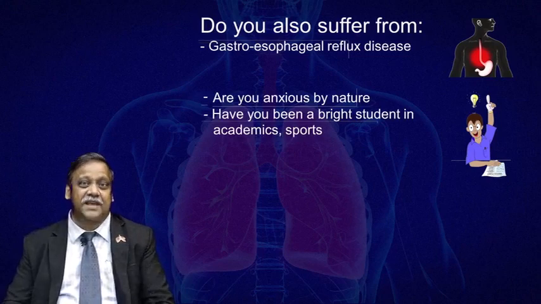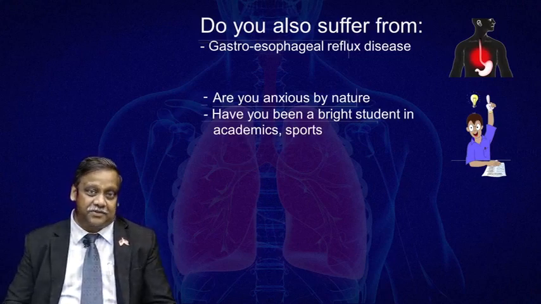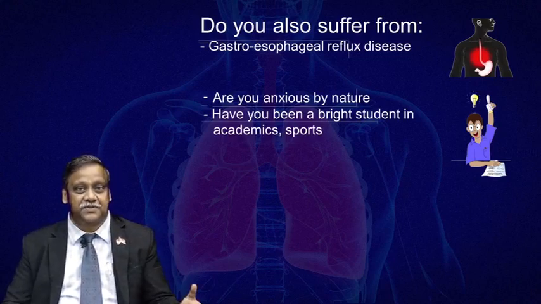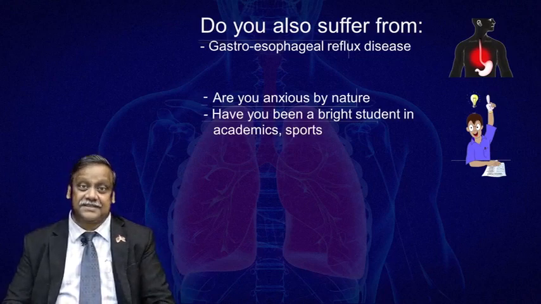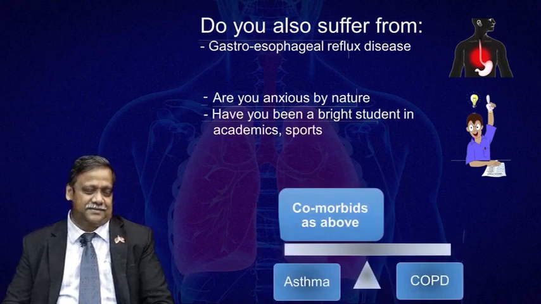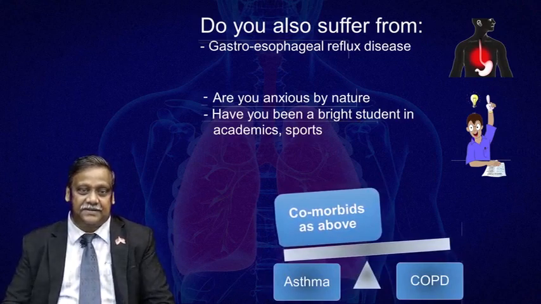Asthmatics are a little more anxious by nature, and asthma seems to be a God gift to many people, because many of these asthmatics achieve a lot in their life, not only in academics but even in sports, in social, cultural, all sorts of activities. Asthmatics seem to do well. So I like to ask this question to my patient. If the answer is yes, then I know that this person is likely to have asthma rather than COPD.